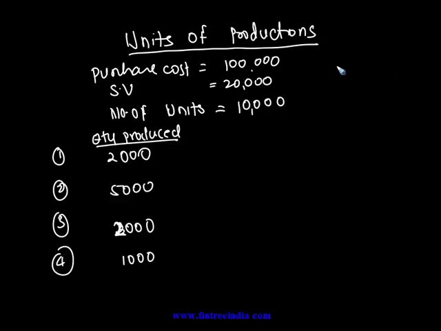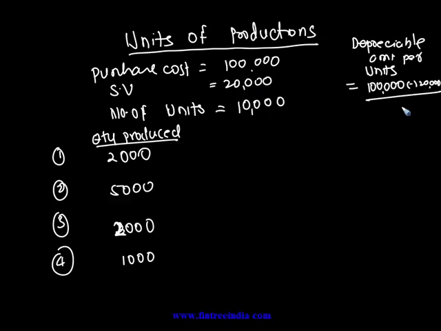So what we can calculate is the depreciable amount per unit. How will we calculate that? We will say 100,000 is the value of asset, 20,000 is salvage value, and we can produce total units of 10,000, which means per unit the depreciable amount is 8. If your depreciable amount is 80,000 and if you can produce 10,000 units, per unit depreciable amount is 8.